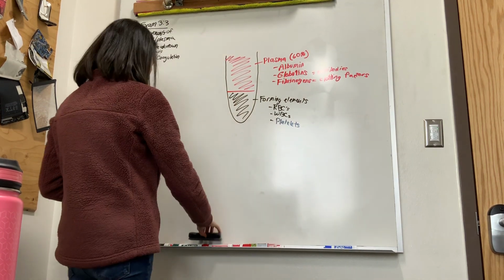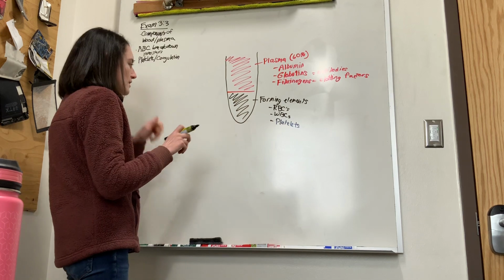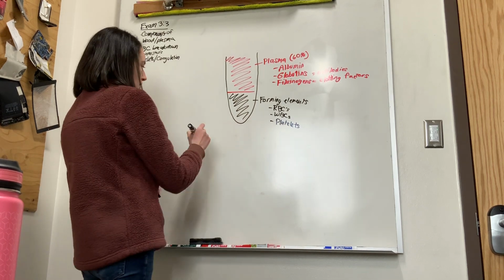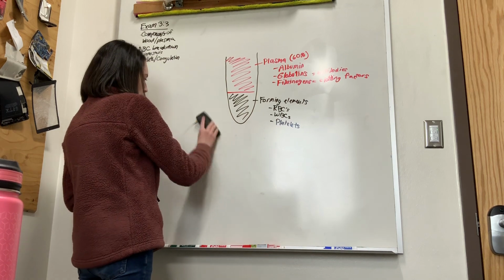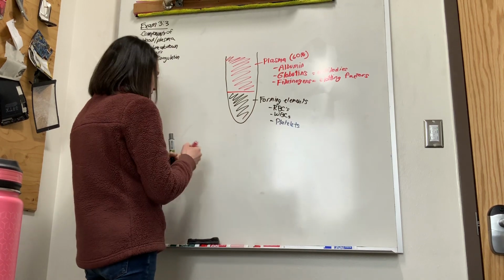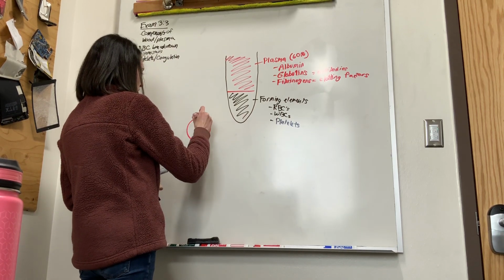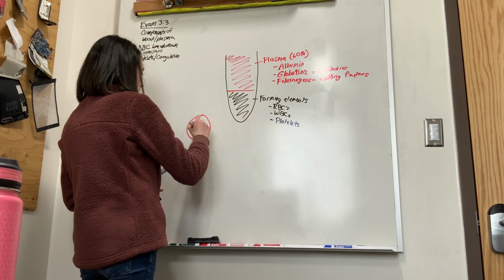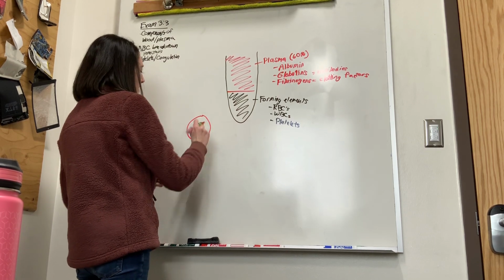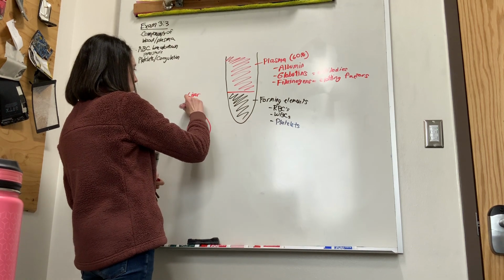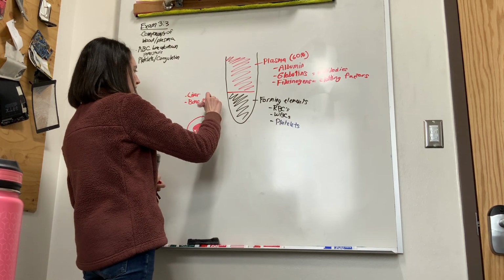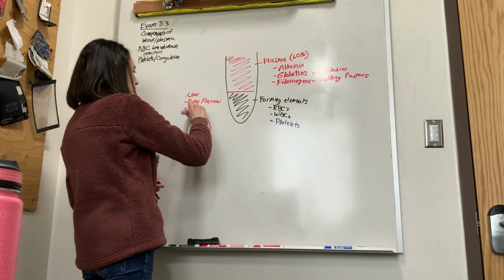Then the next thing I want to go over is how red blood cells are broken down. Let me use red for this. If we imagine a red blood cell, they're going to be made in the liver, the bone marrow, and the spleen.